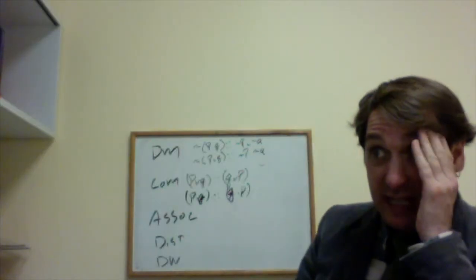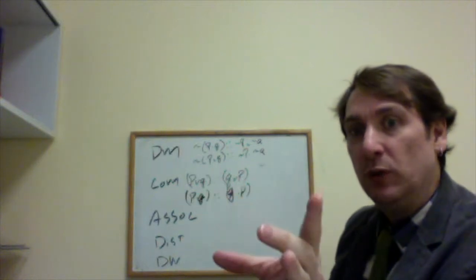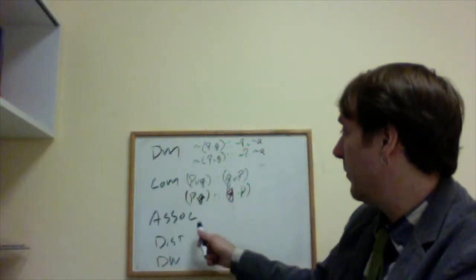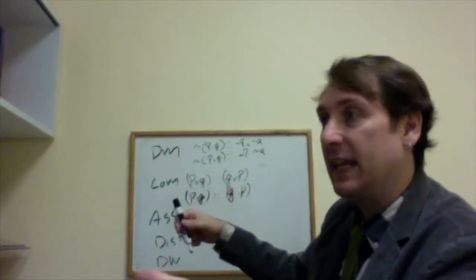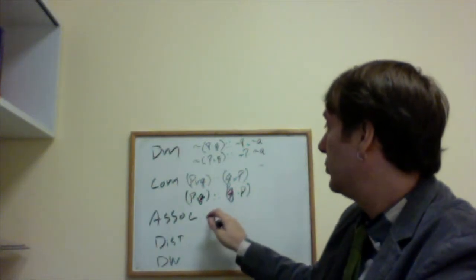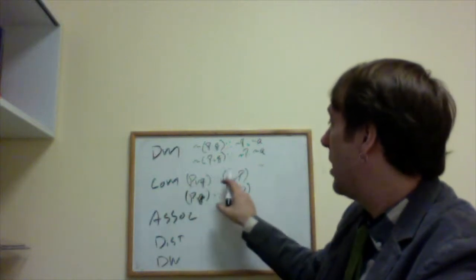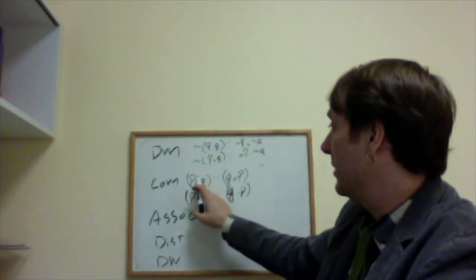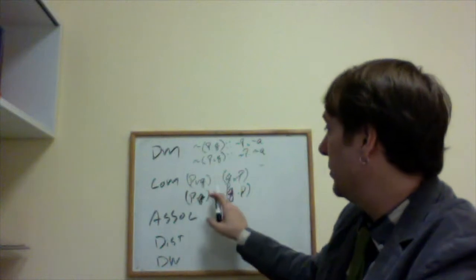Now, associativity is a way of moving parentheses in statements which have two of the same operators, namely two disjunctions or two conjunctions.